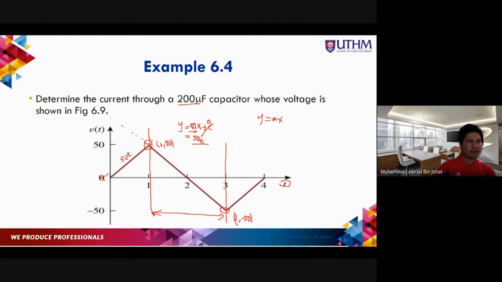What is your c value? Your c value right now is not 0 anymore, because c is the value that crosses the y-axis.